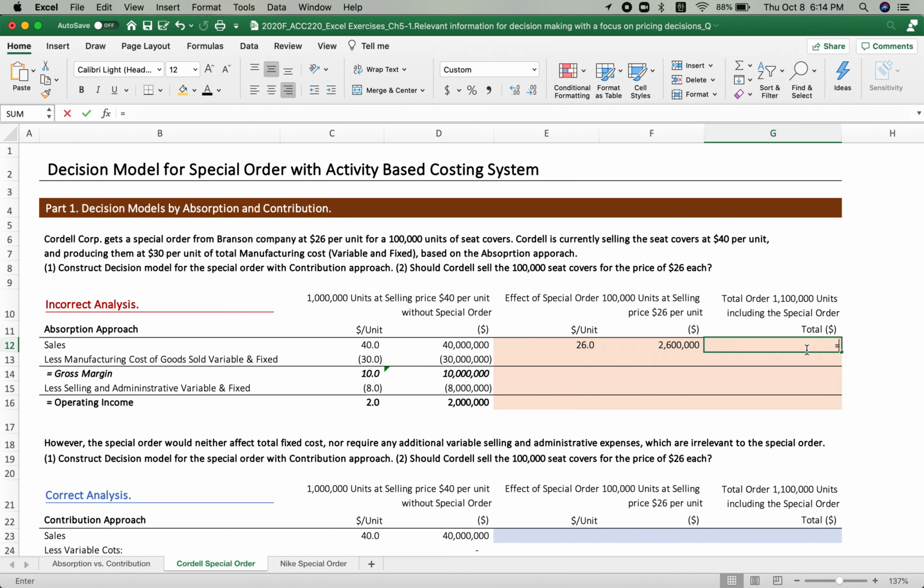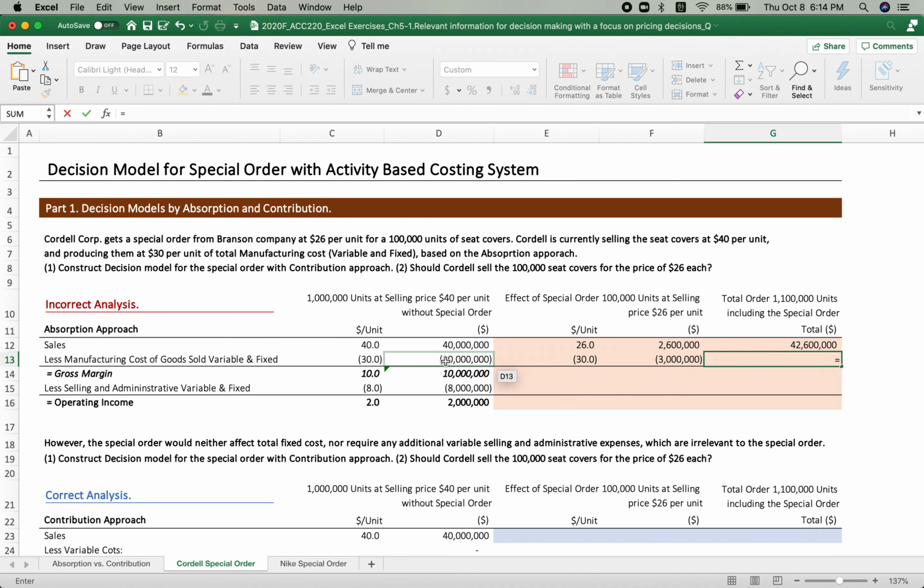So the total order is 1,100,000 units, including the special order. We sum up the sales, and then less manufacturing cost, $30 times 100,000 units.